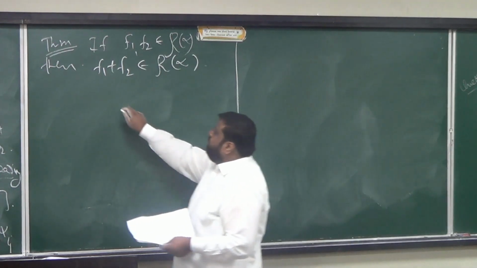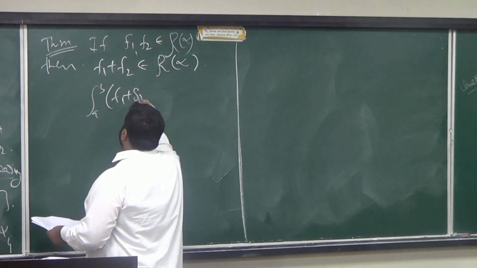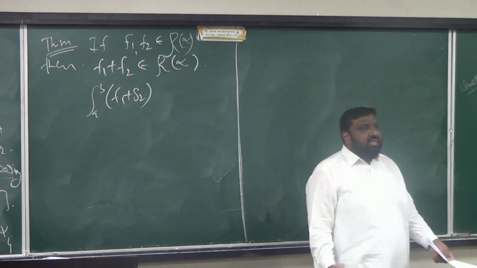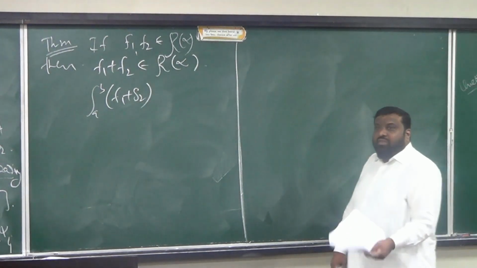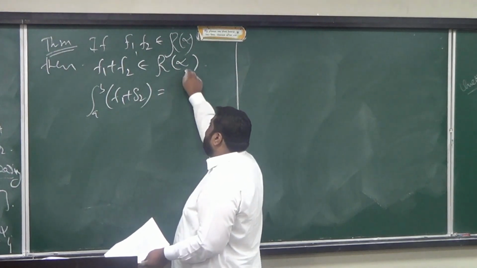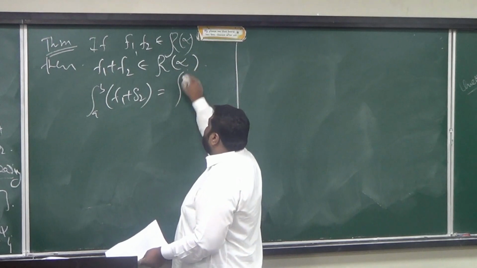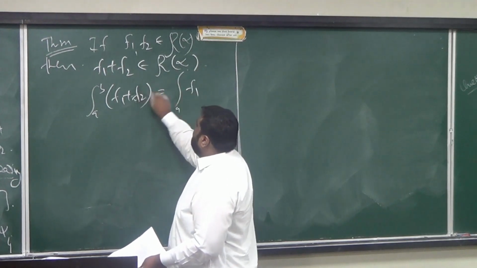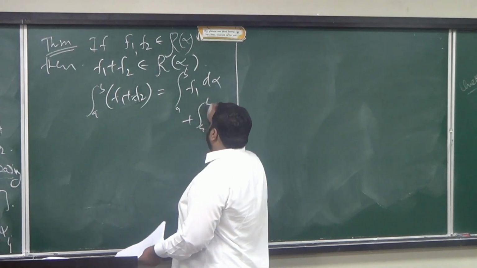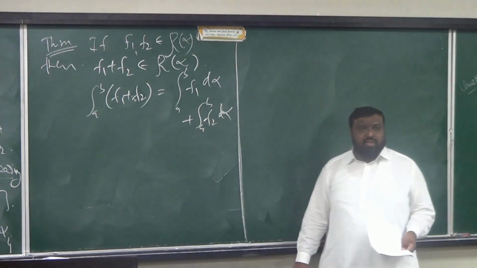Question: what would be the integral of this sum? If it is integrable, then there must be some integral of this sum. And as per our expectation, the integral of this sum is basically the sum of the integrals, integral of f1 d alpha plus integral of f2 d alpha.